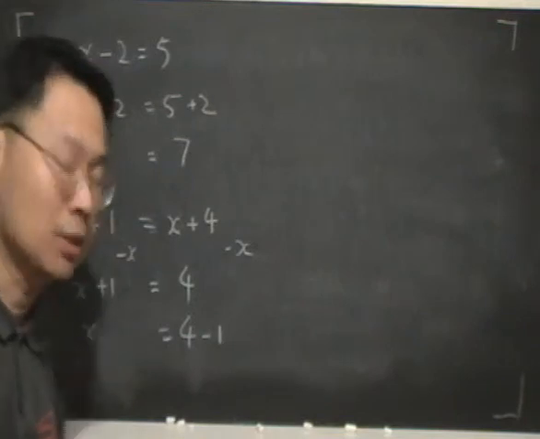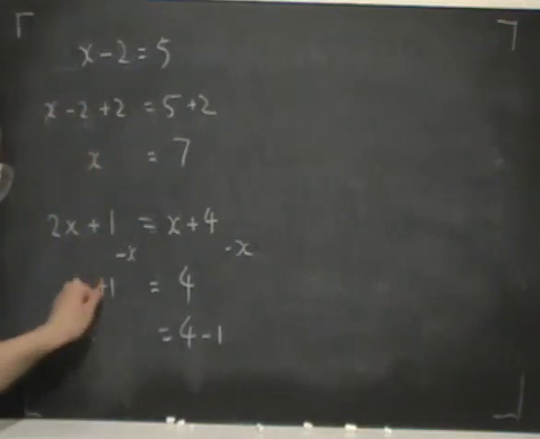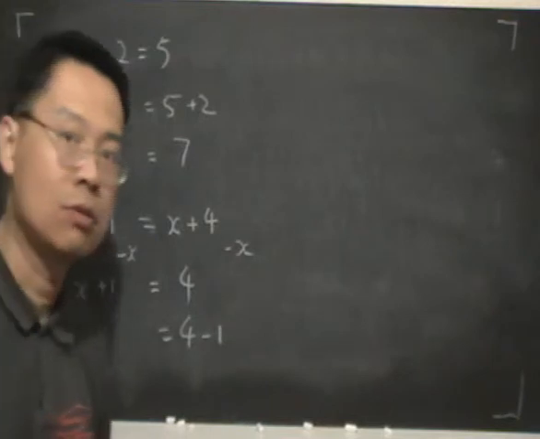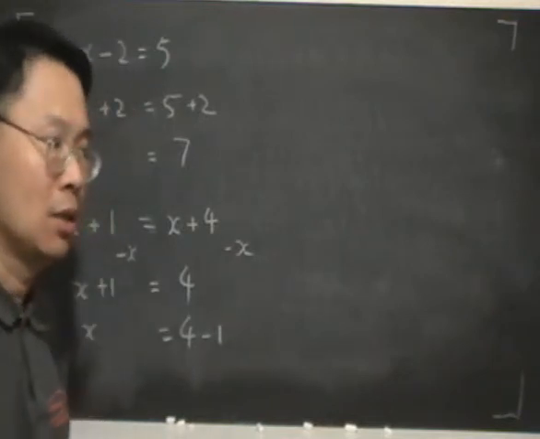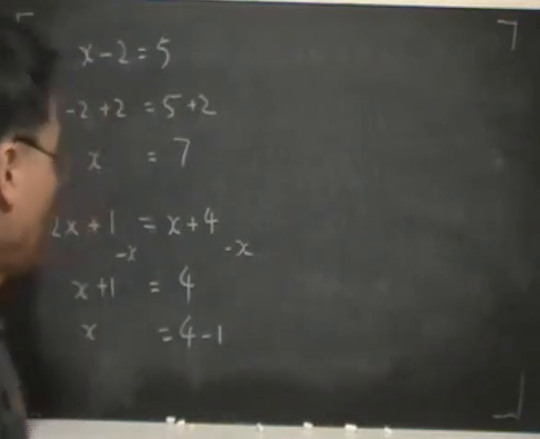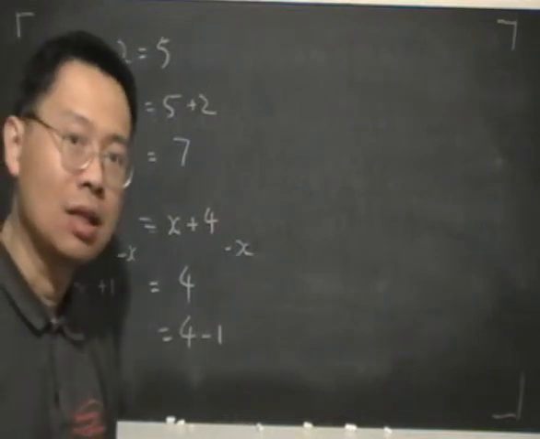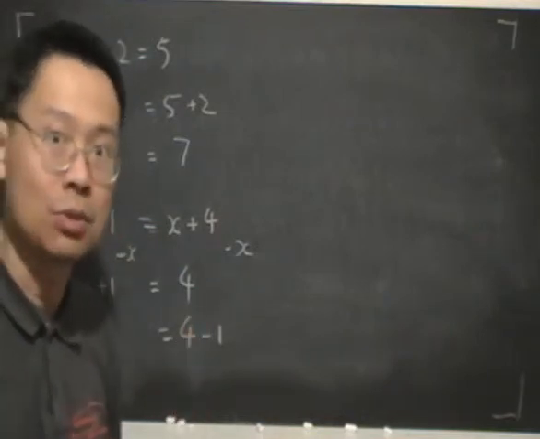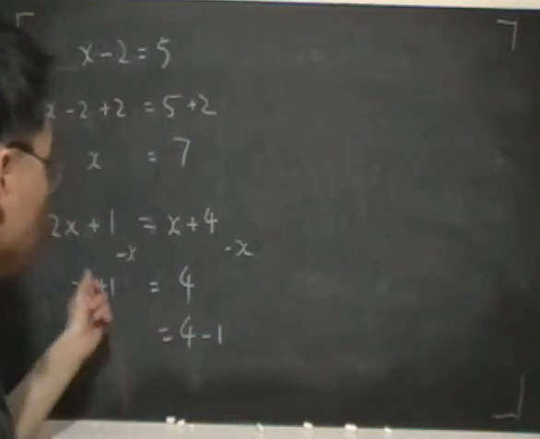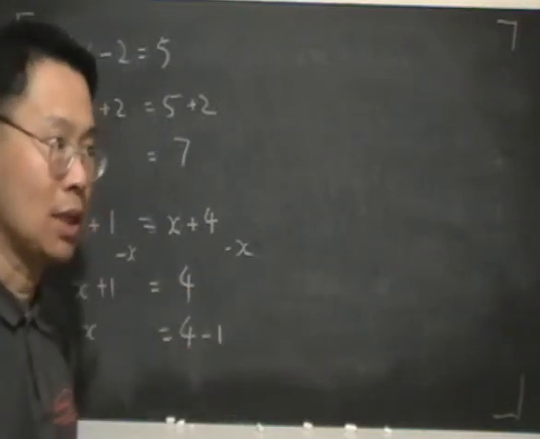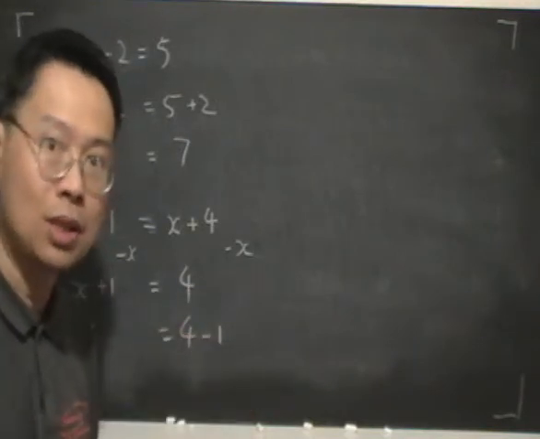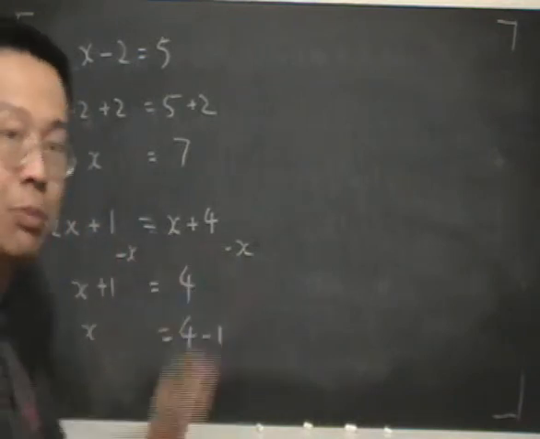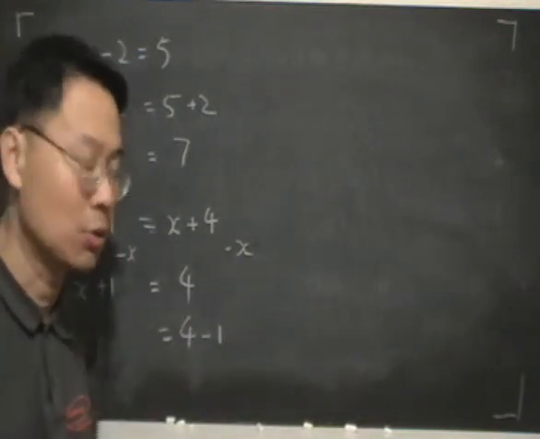Now I personally prefer to think of it as subtracting 1 from both sides because it's just as easy, and that is the real reason. If you think of subtracting 1 from both sides, we know that that's the right thing to do because you're doing the same thing to both sides and the left side is still equal to the right side.